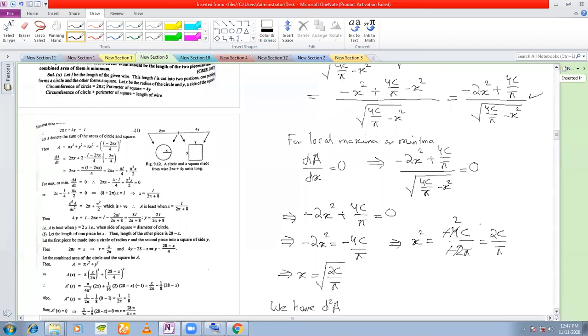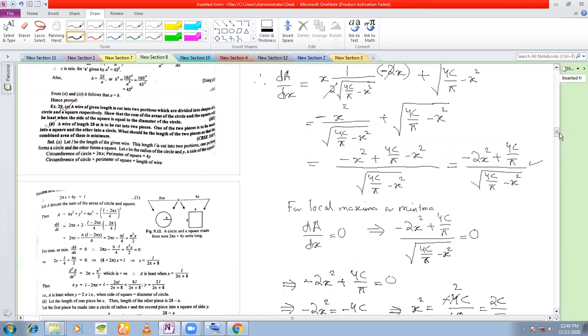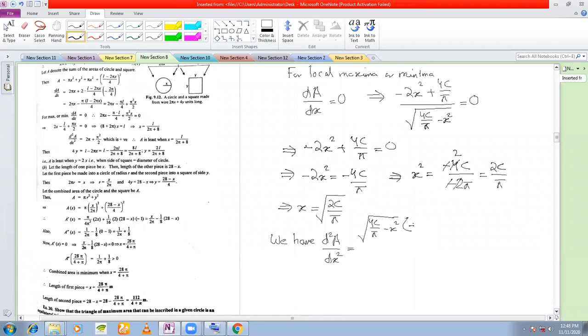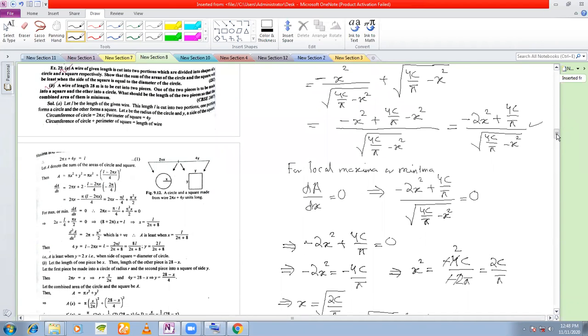First, v, root 4c/pi minus x square, into the d/dx of the numerator. What is the d/dx of the numerator? Minus 2 into 2x, which is minus 4x, right? Plus 0, because 4c/pi is constant.